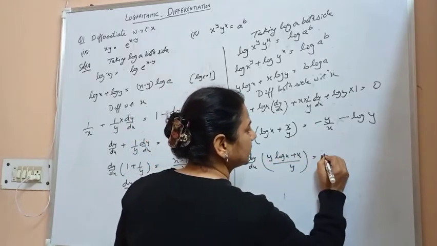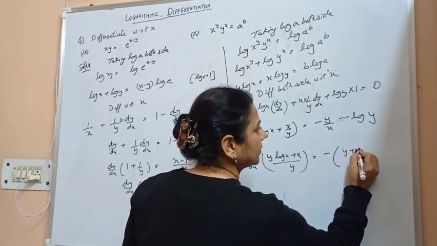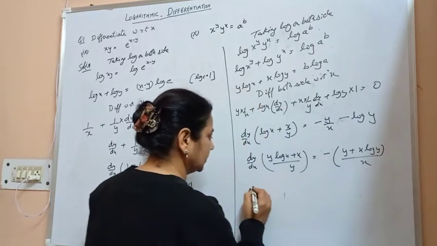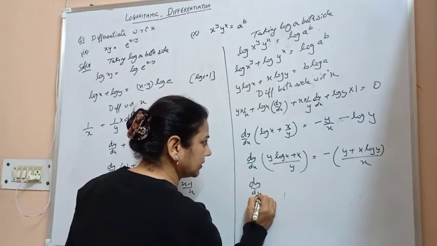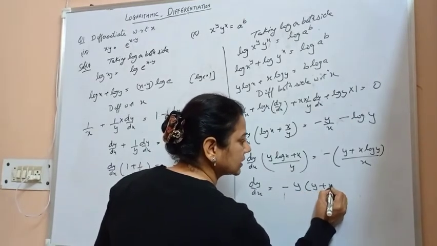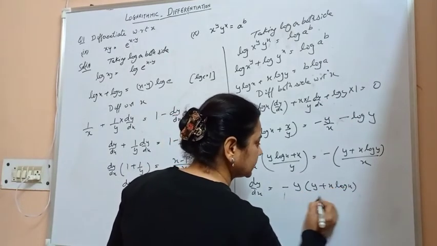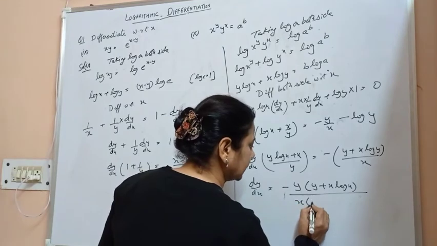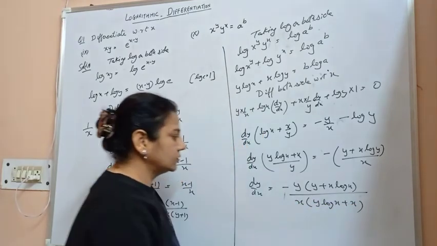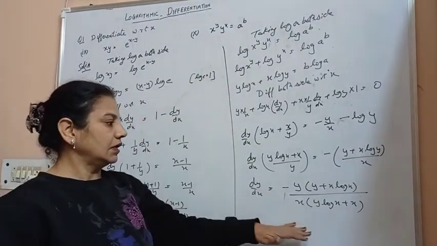Here take the LCM, minus take common, y plus x times log y upon x. So dy by dx is given as minus y plus x log y divided by x times y log x plus x.